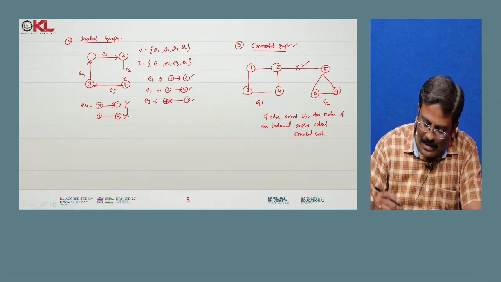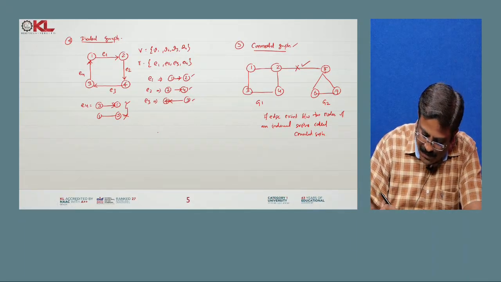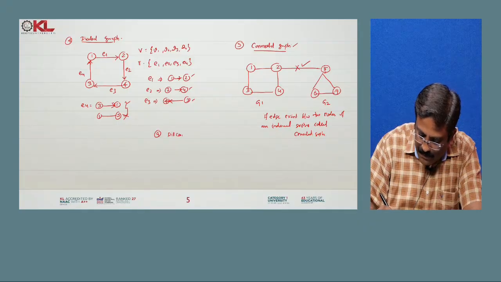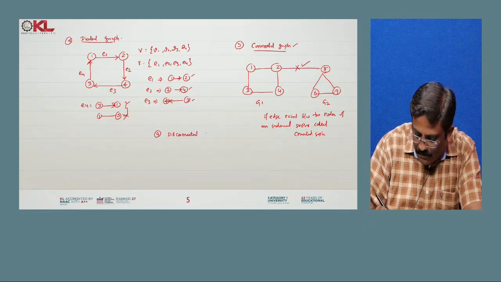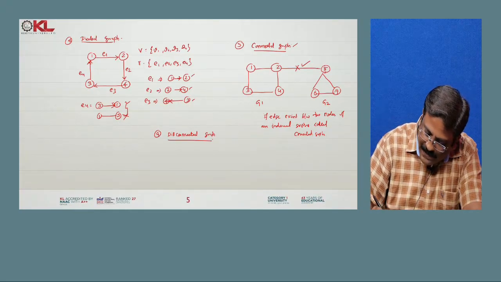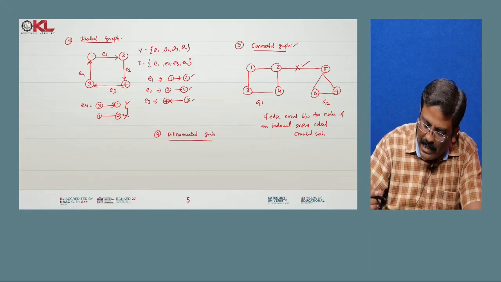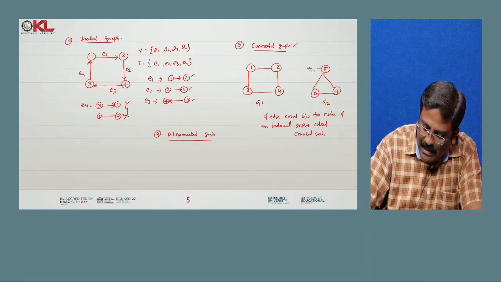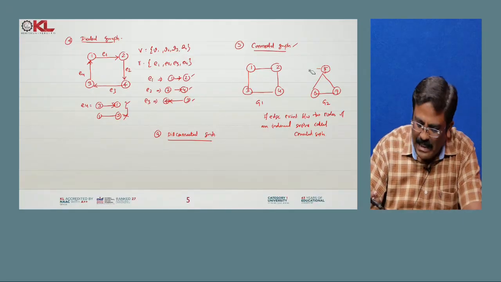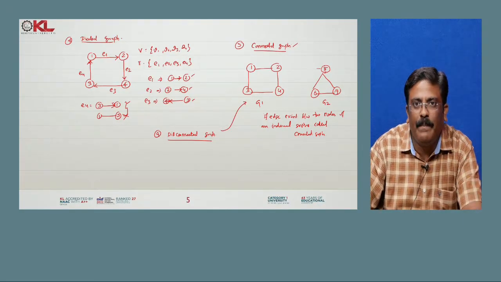Now we can easily understand what we mean by a disconnected graph. What does a disconnected graph say? If I remove one particular edge from the given graph, then the graph is converted into two separate graphs.